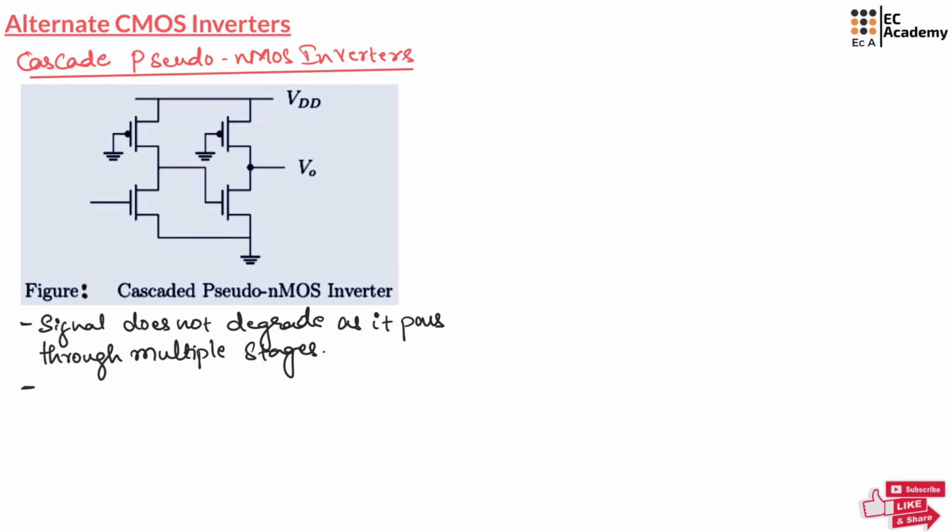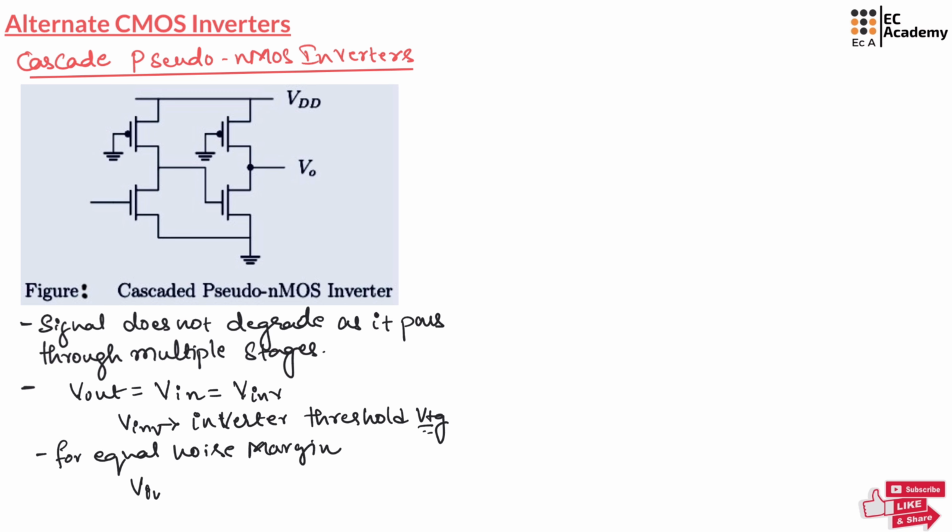This will lead to a key condition, which is V out will be equal to V in, that will be equal to V inverse. Here V inverse is inverter threshold voltage. So for equal noise margin, we need to set V inverse to VDD by 2, which is 0.5 VDD.